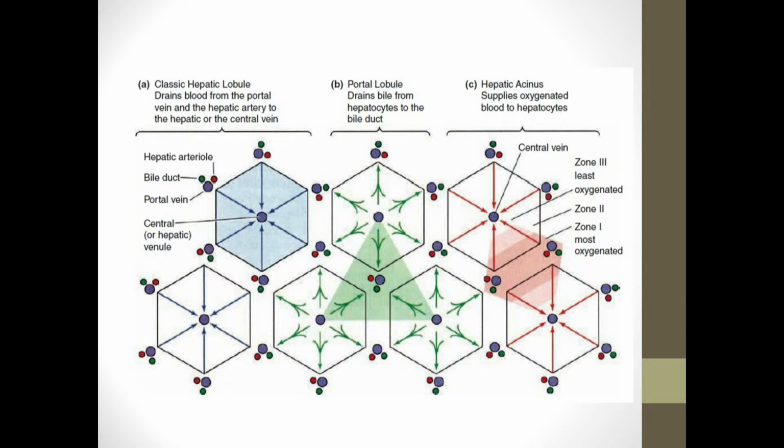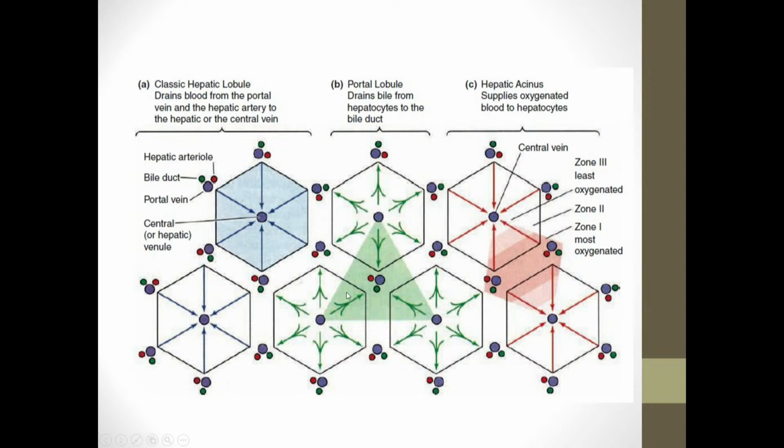So this formed, and the three such lobules together form and show the portal lobule. In the center of the peripheral zone of the lobule is the portal triad, and this is the direction of the bile.